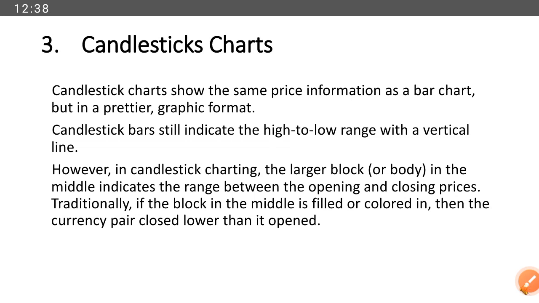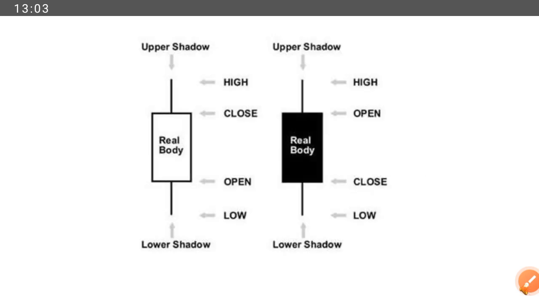However, in candlestick charting, the larger block or body in the middle indicates the range between the opening and closing prices. Traditionally, if the block in the middle is filled or colored in, then the currency pair closed lower than it opened. Look at it.